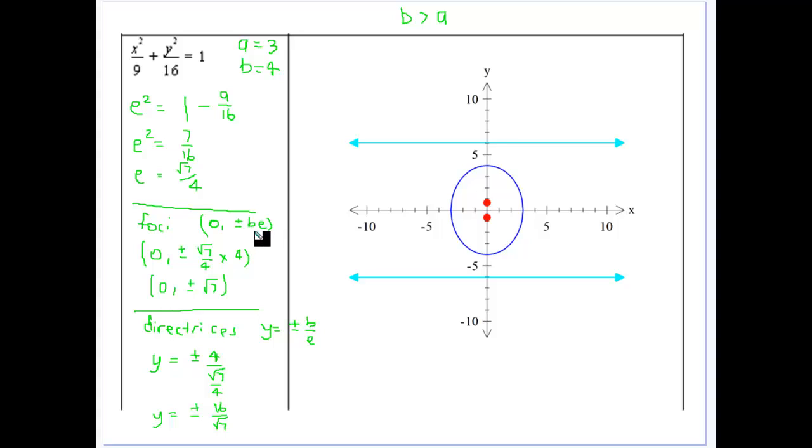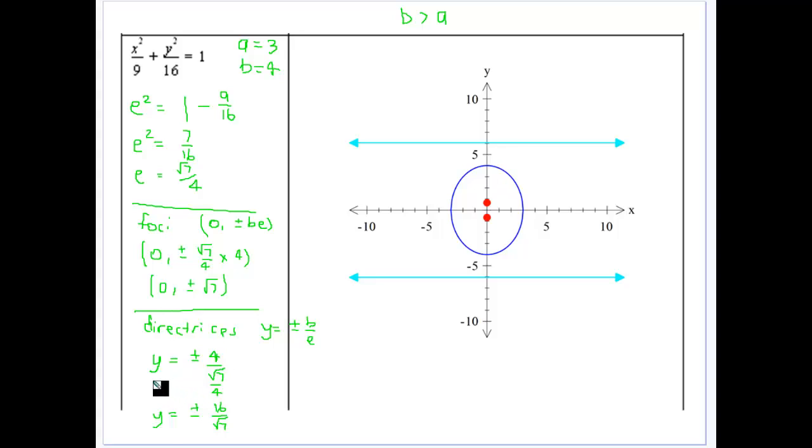We find our b value, multiply it by the eccentricity, and we're able to get our foci there, plus or minus root 7. So that's what they are. And then for the directrices, plus or minus b on e, it gives us 16 on root 7, so you can start to see where they are as well.